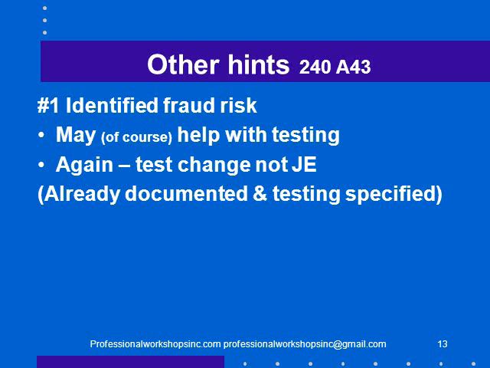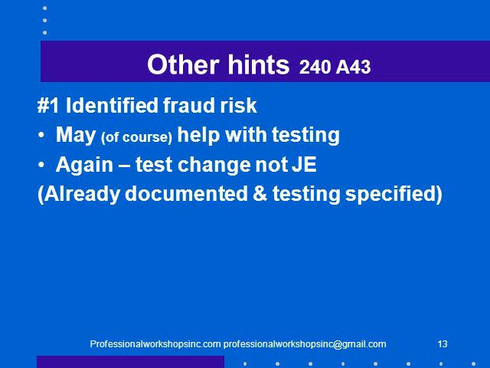Now, there are some other hints where standard setters try to help us in 240A43, and the first one to help us identify fraud is whether we have already identified fraud. So, of course, that's going to help us because we already know there's fraud. But again, testing the change and not the journal entry is going to be what's important.